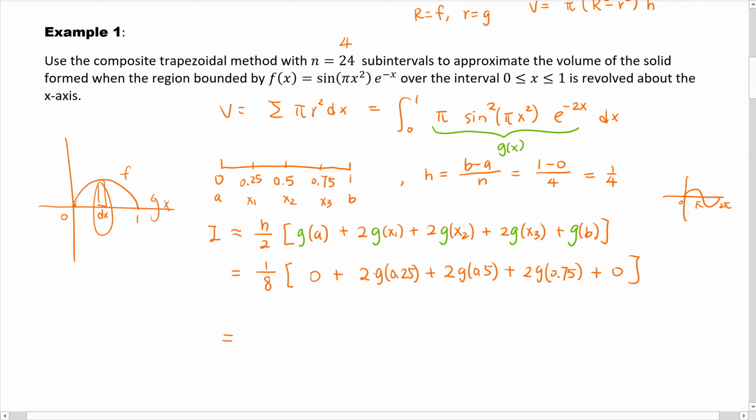Okay, so what is that? Here we got 2g of 0.5, so we have pi sine squared pi 0.25 squared e to the minus 2 times 0.25.